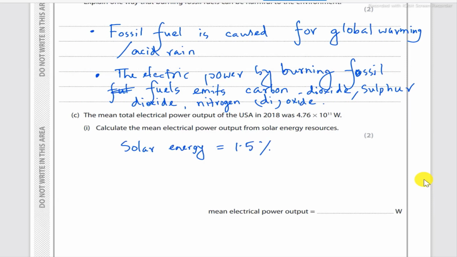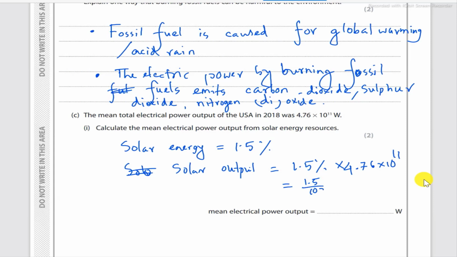So solar output is 1.5% into 4.76 times 10 to the power 11. So 1.5 divided by 100 into 4.76 times 10 to the power 11. So about 7.14 times 10 to the power 9 watt.